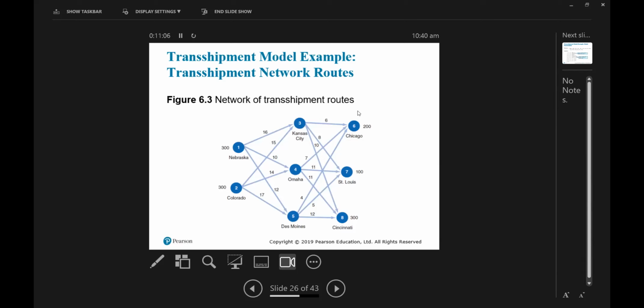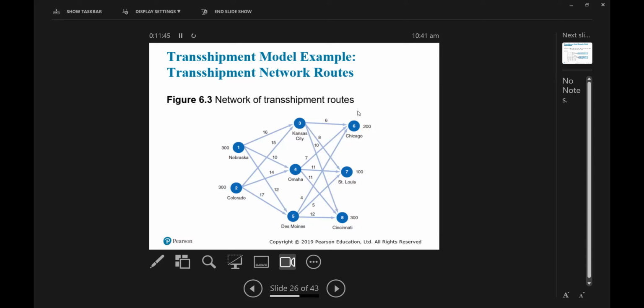What it means is that X1,3 plus X2,3 should be equal to X3,6 plus X3,7 plus X3,8.